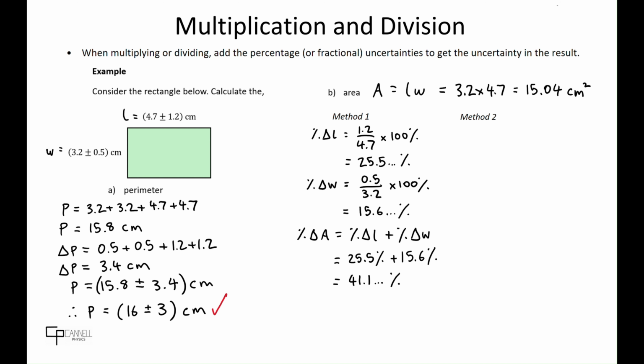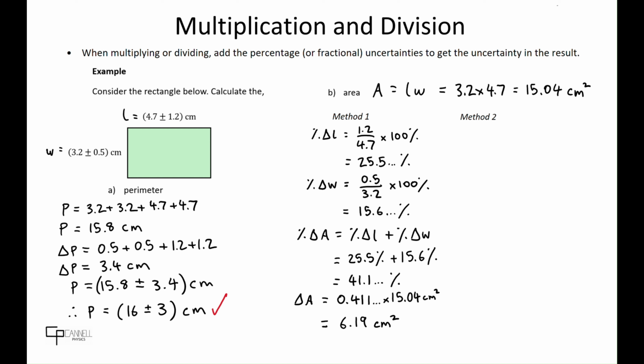So to get the absolute uncertainty, or just the uncertainty in area, that's simply 41.1%, etc., of 15.04, the actual area. And that will give me 6.19 square centimeters.